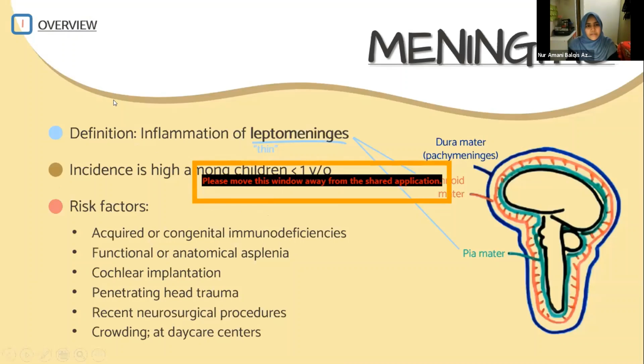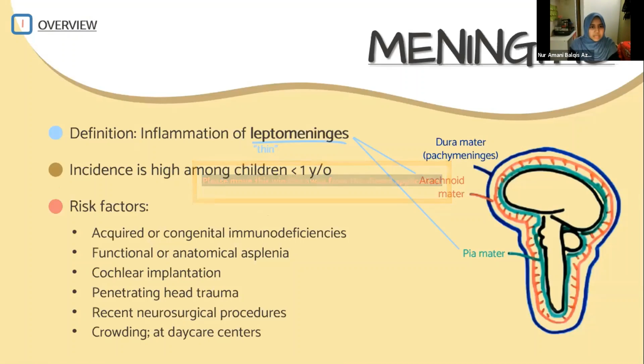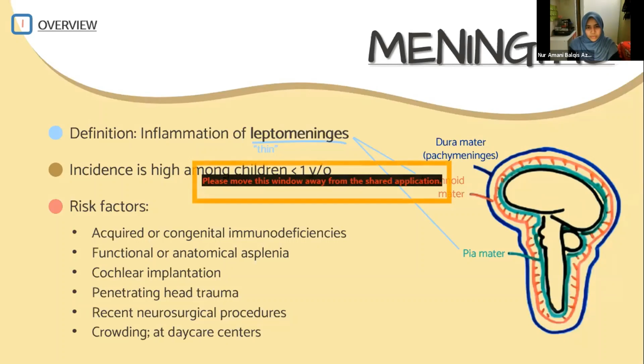And incidence of meningitis is very high especially among children below 1 year of age, and it is potentially fatal. And what are the risk factors of getting meningitis? First, if the child is immunodeficient, either acquired or congenital, this makes them prone to infection.